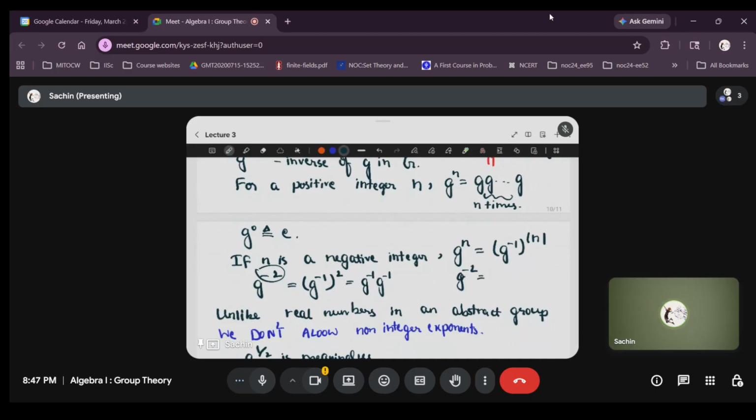There's no such thing as carrying an operation out -2 times. So what I actually mean is I am carrying out the operation the absolute value of n times. By mod I meant the modulus function, the absolute value function.